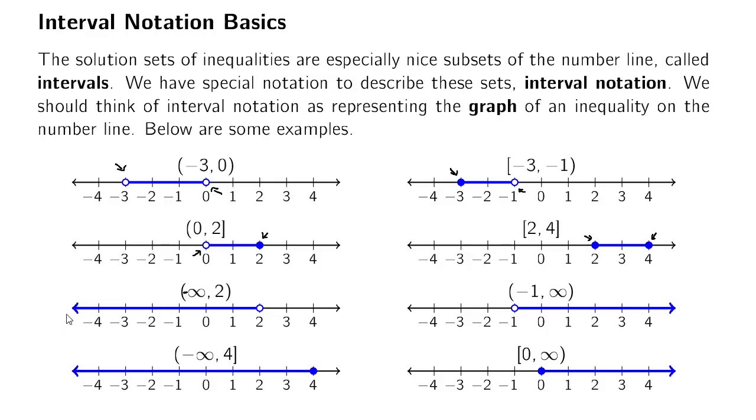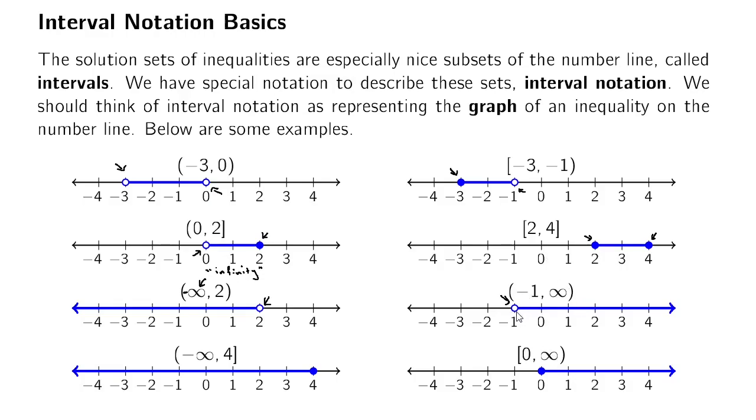Here we extend indefinitely to the left, and then we have an open dot at 2. And we have this new symbol here. What's this symbol? This symbol is called infinity. And in this case, we have an infinity with a negative sign in front of it. So (-infinity, 2), round bracket on the left, round bracket on the right.